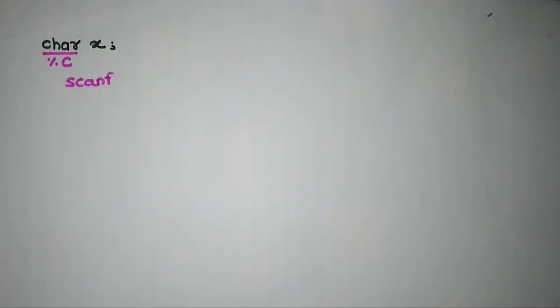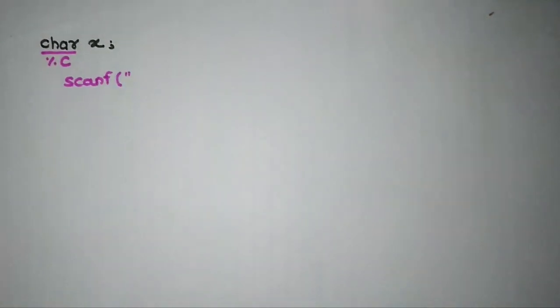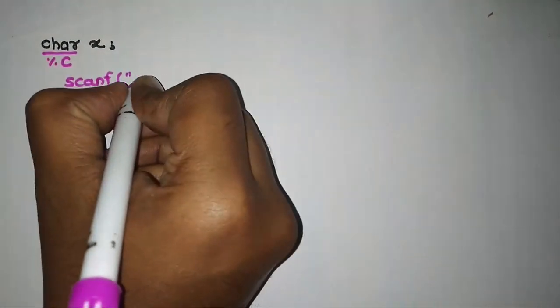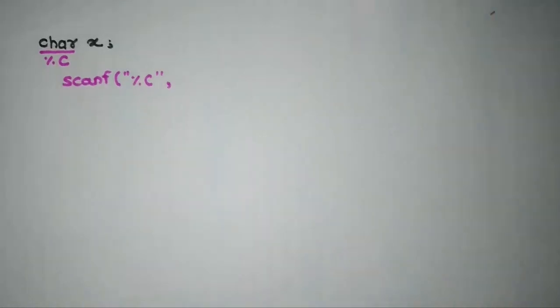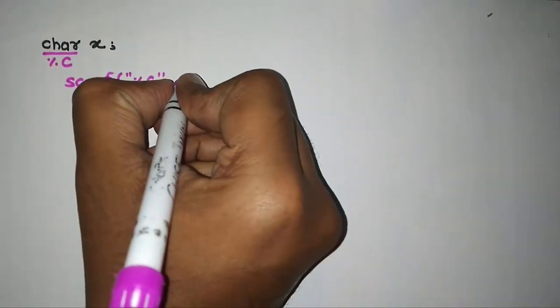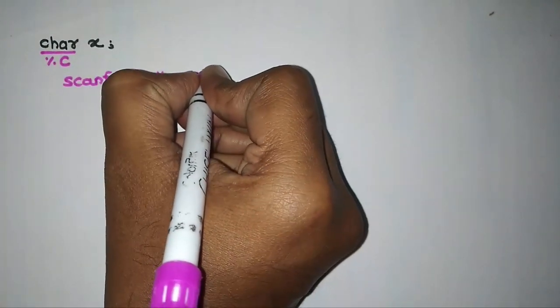So the syntax for this is scanf, in brackets with double inverted commas, %c, which is nothing but a conversion specifier, comma, and then the ampersand and the name of this variable.